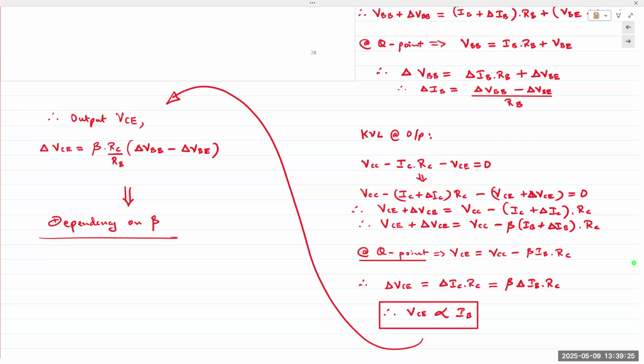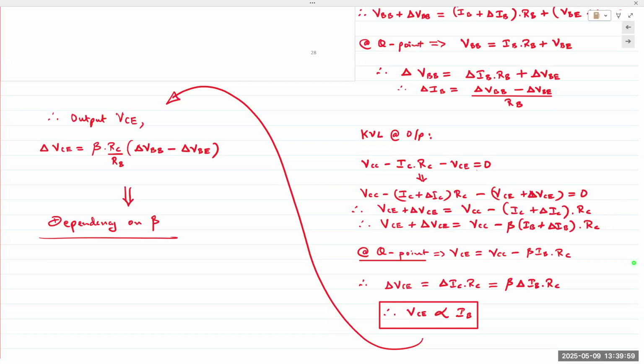That is the biasing voltage. Again, on the input side, we have the DC biasing voltage VBB, and we apply an AC VBB. Hence, we have delta VBB. On the output side, we only have the DC VCC, which results in a DC VCE, and it also results in a delta or AC component of VCE, which is right here.